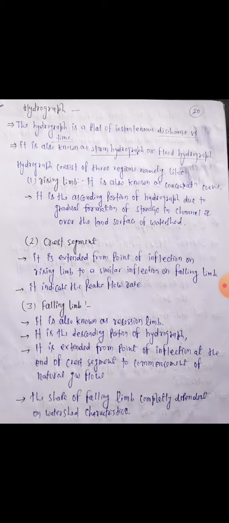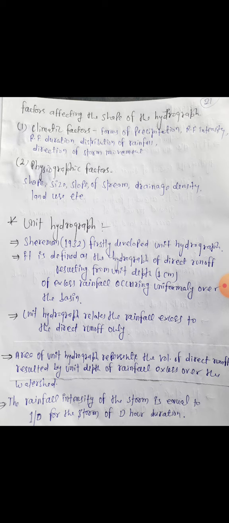So now come to the factors affecting the shape of the hydrograph. There are two factors that affect the shape of the hydrograph. First is climatic factors and second is physiographic factors.